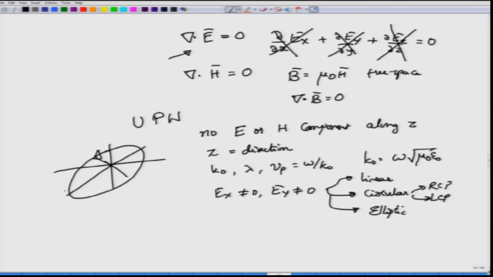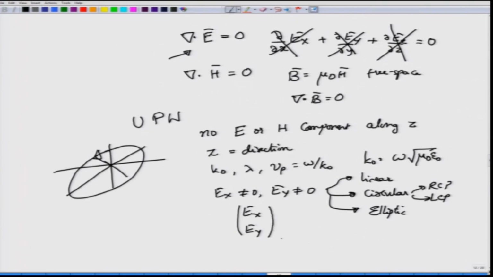Okay. The tilt of this ellipse with respect to the x axis is given by the ratio of the amplitude of the x and y components, and the angle phi, which is the phase difference between x and y components. And for simplicity, or for manipulation, we introduced a Jones vector in which we simply assume that both x and y components are at the same frequency.